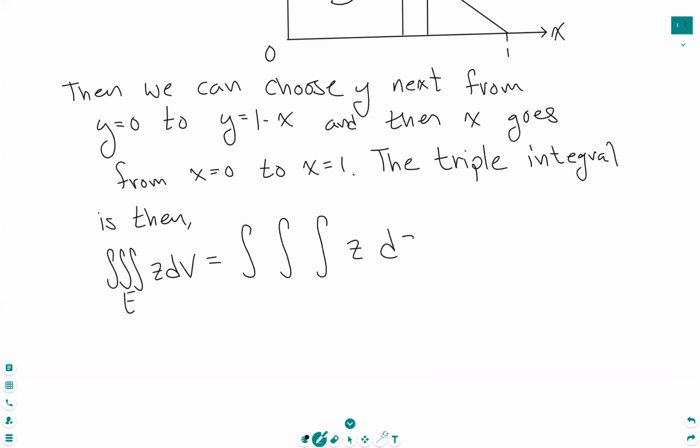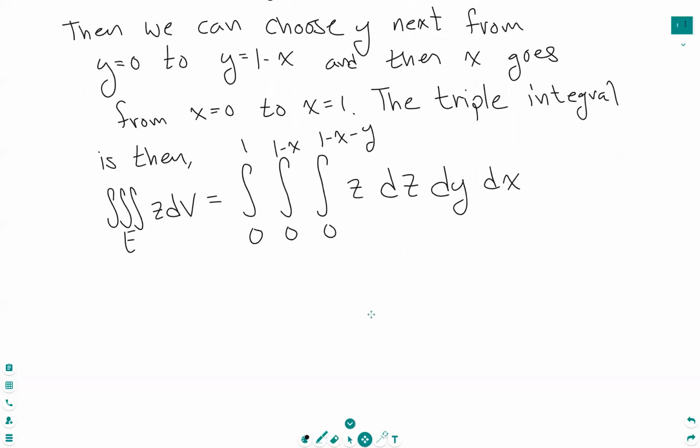We went dz, then we went dy, and then we went dx. We said that z went from 0 to 1 minus x minus y, and then our projection, the shadow, the y coordinate went from 0 to 1 minus x, and then finally x went from 0 to 1. And this is the setup to do this volume integral here.